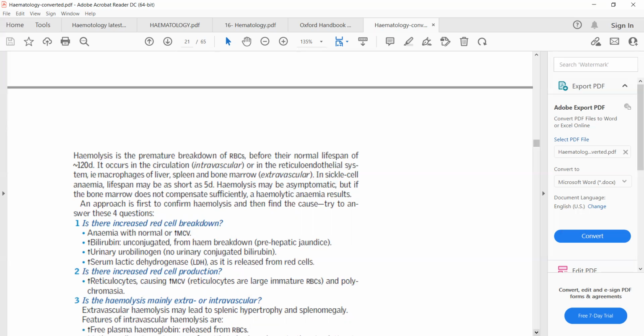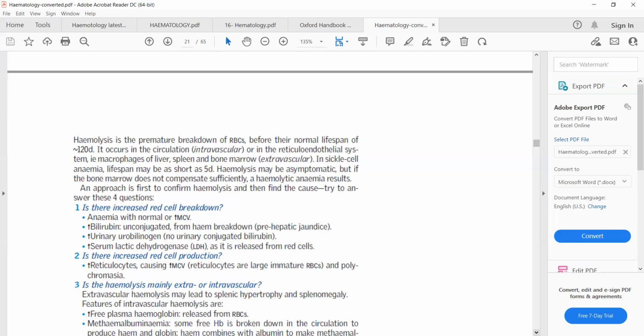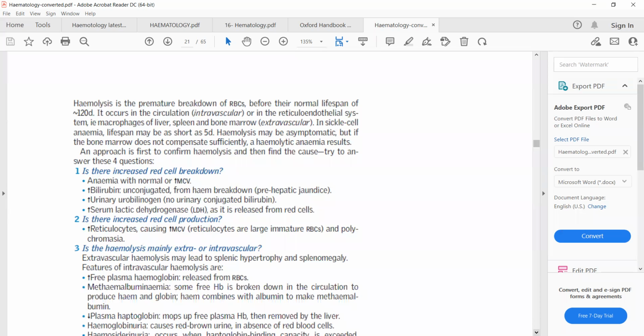So in short, to compensate for hemolysis, there will be reticulocytosis, or reticulocytes, which are immature RBCs, will increase in the circulation. So hemolysis is compensated by reticulocytosis.